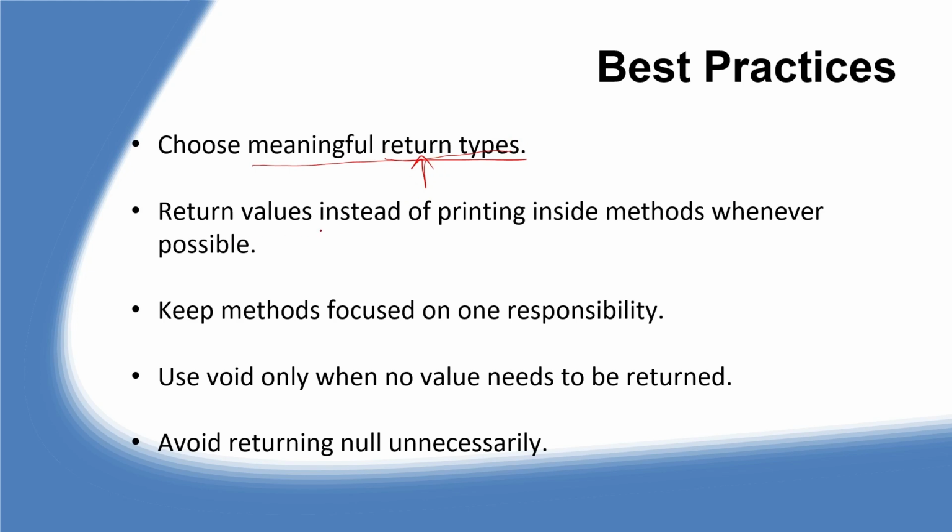Return values instead of printing inside methods whenever possible. Suppose we have one method, xyz is the method name, and inside the method we are printing something with System.out.println.